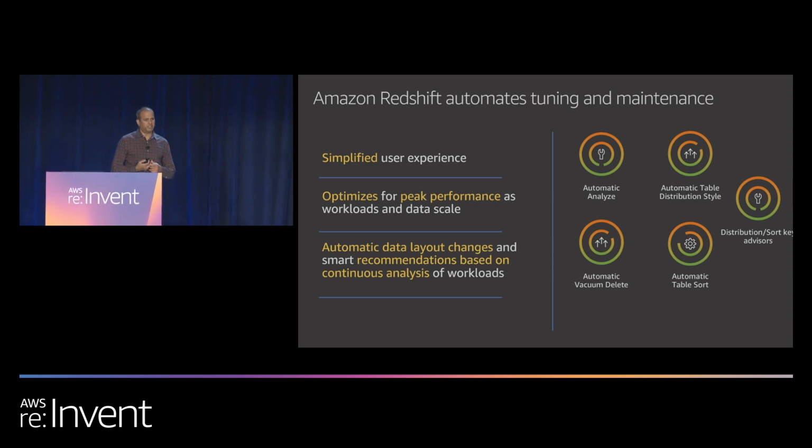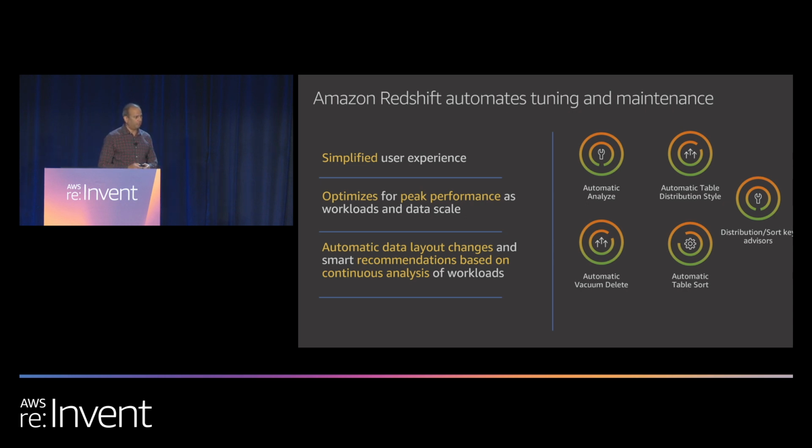Similarly, for distribution key and sort key, Redshift Advisor generates recommendations. Some of you may not actually know that there is a feature of Redshift called Redshift Advisor. Imagine it's having a junior DBA just watching over your Redshift cluster and giving you advice. That's a feature of Redshift that's been there for a while. So if you are not using it, I would say go to the Redshift console and look at the advice.